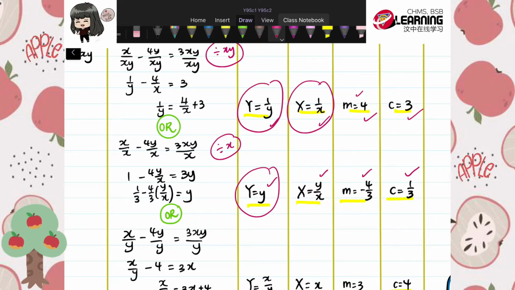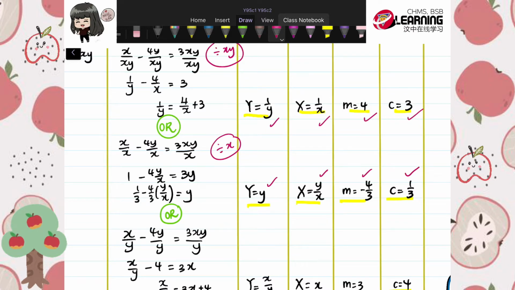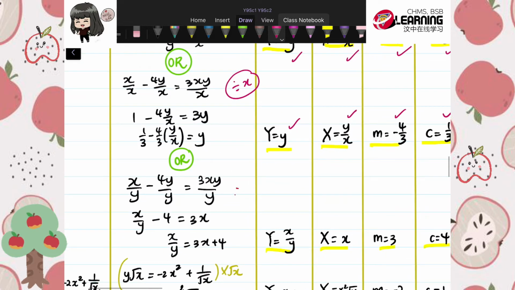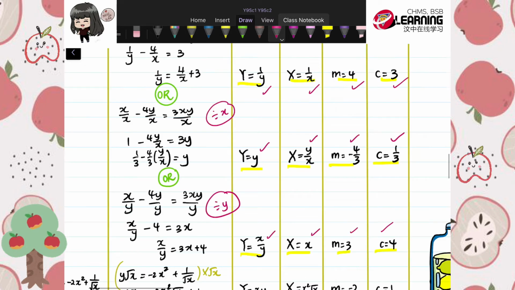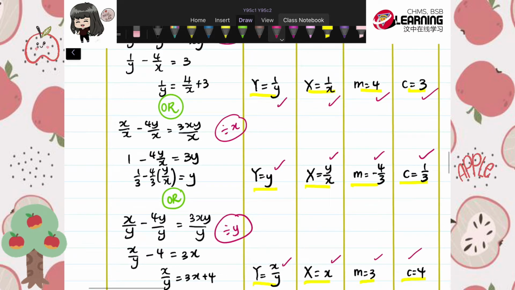Another possible answer is that you divide the whole non-linear equation by y. Look at this. When you divide everything by y, you will have a few possible answers here, which give you a different y. Look at these three: the first one, the second possibility, the third possibility.